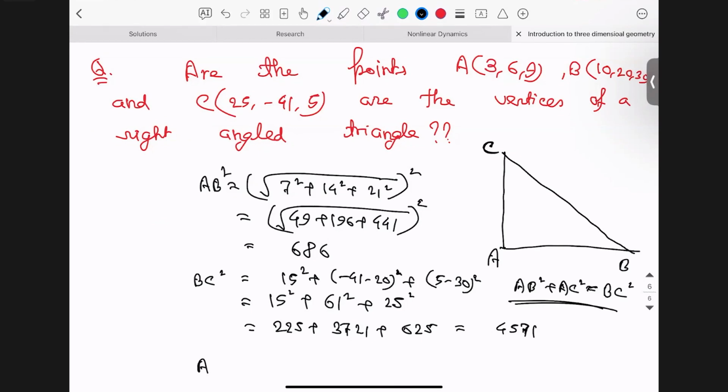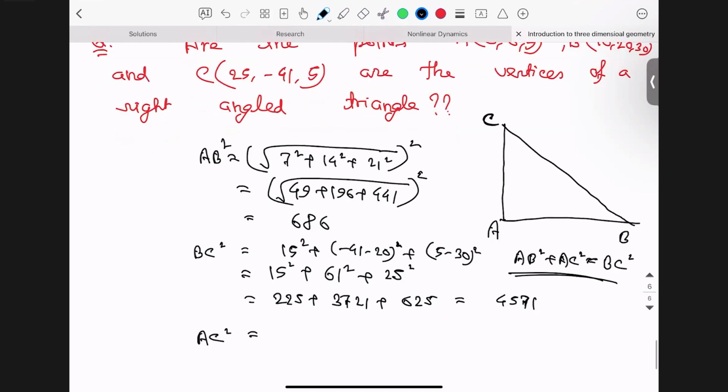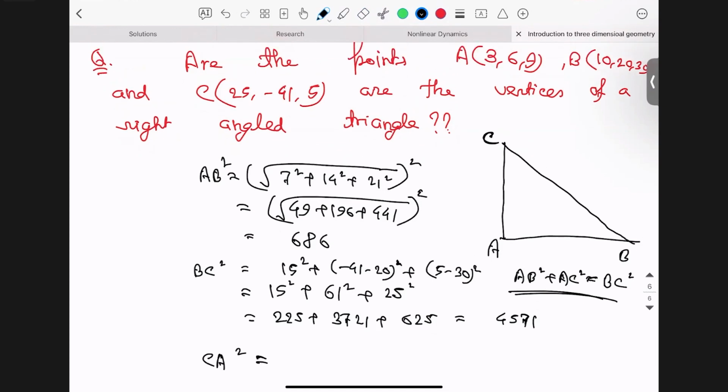These two things we have obtained. Now, what about AC square? AC is not in between, CA, similar things. Whatever I have written, AC or CA, depending upon that, the direction of the line gets changed. I'm not bothered about this, I'm working with length only.